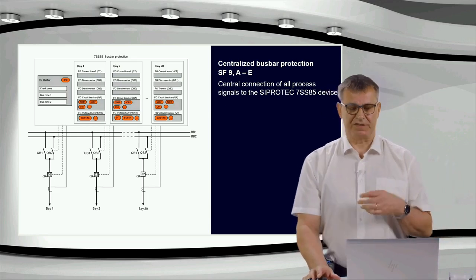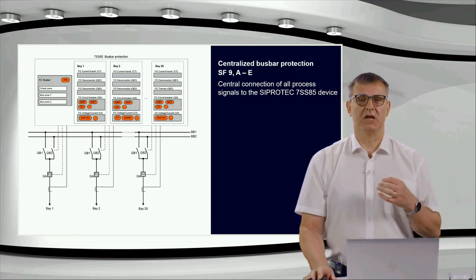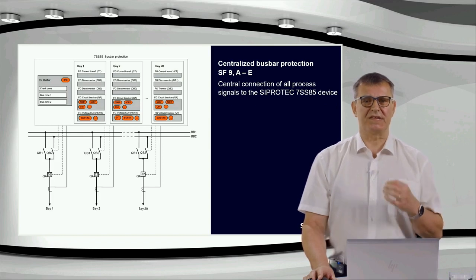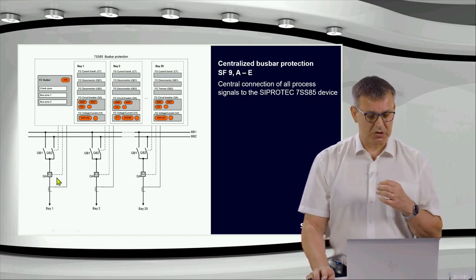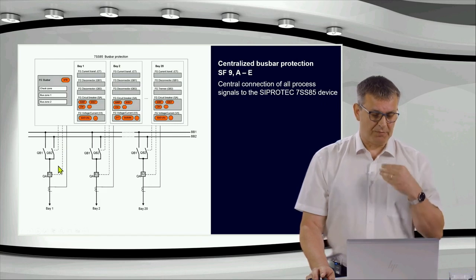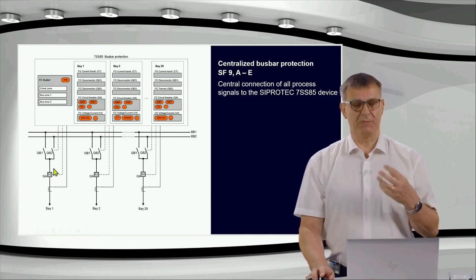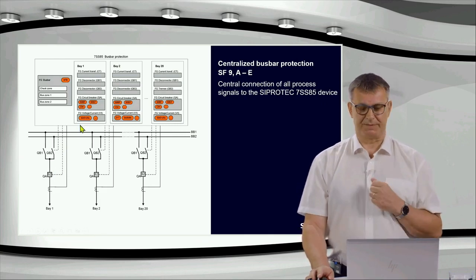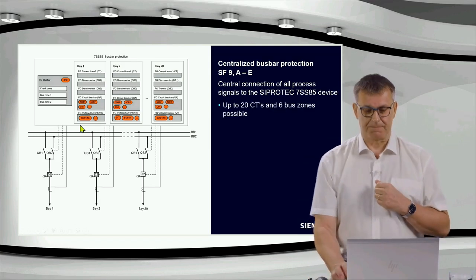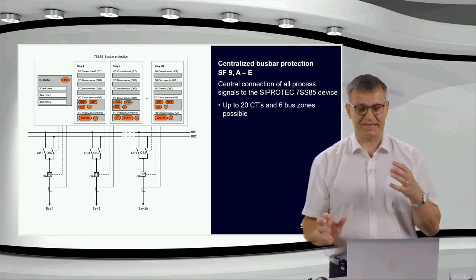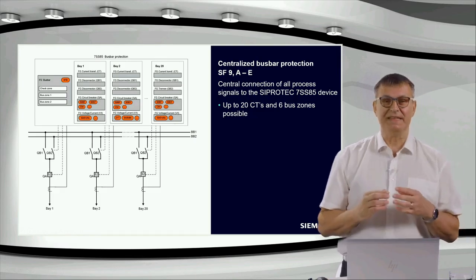The essential of a centralized busbar protection is that really all process signals are directly connected from the primary substation to the device 7SS85. As already said, the maximum is 20 CDs.